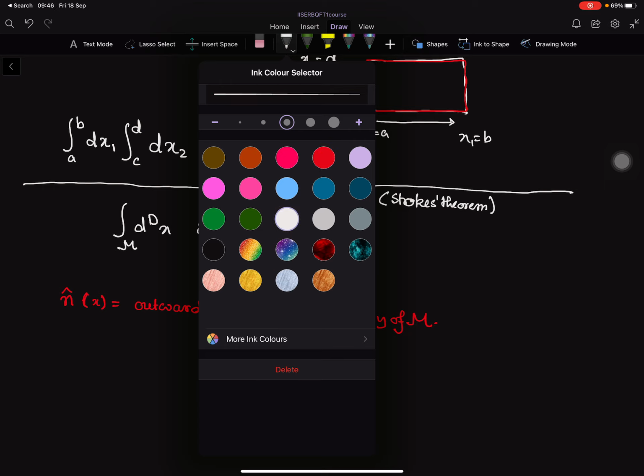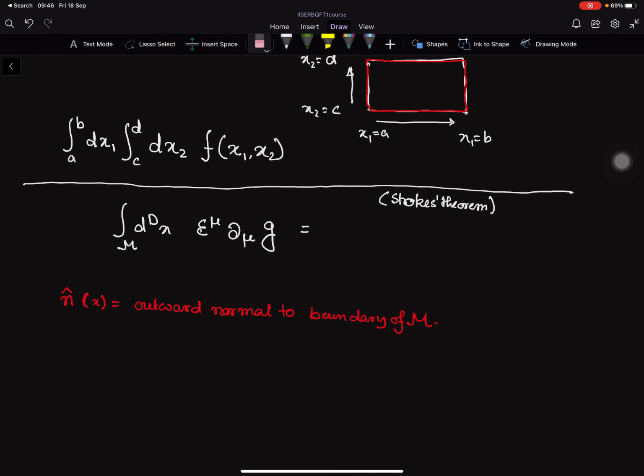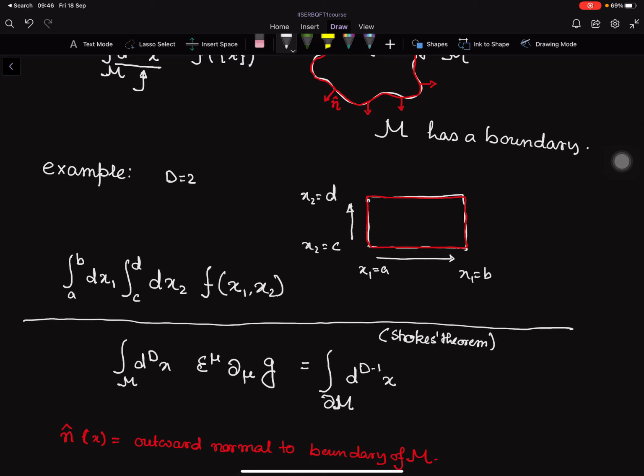Then this theorem says that this is the same as integrating over d minus 1 variables which are just restricted to the boundary of M. The boundary of M is formally denoted like this.